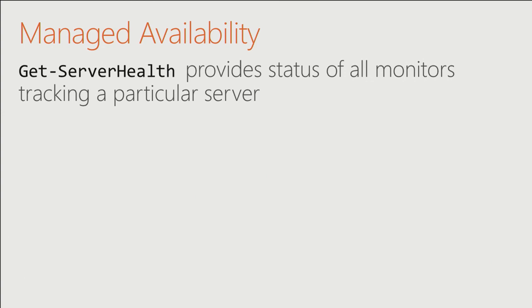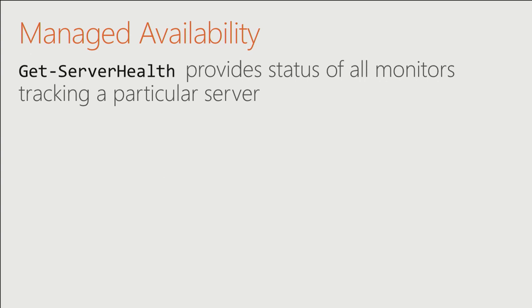The rule of thumb is you probably either want to filter it for monitors that are in an unhealthy state, or you focus on health sets. Think of health sets as a group of monitors that are logically aggregated around a certain customer scenario or a certain feature.